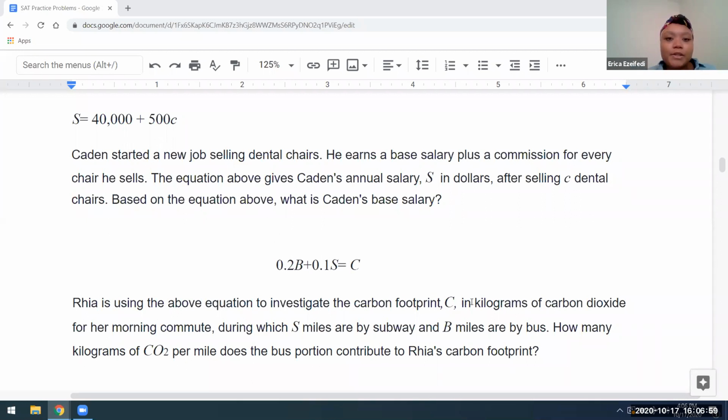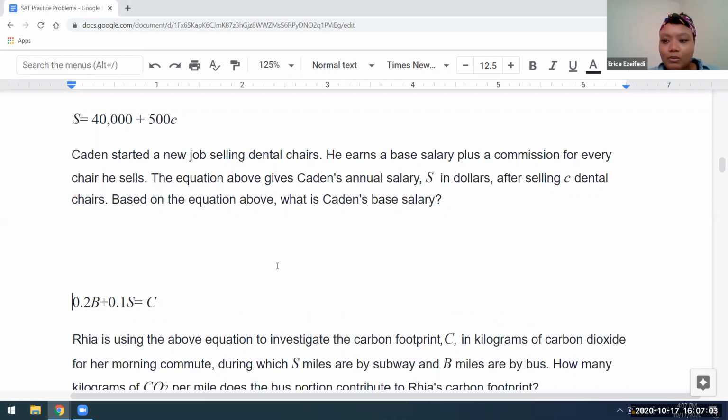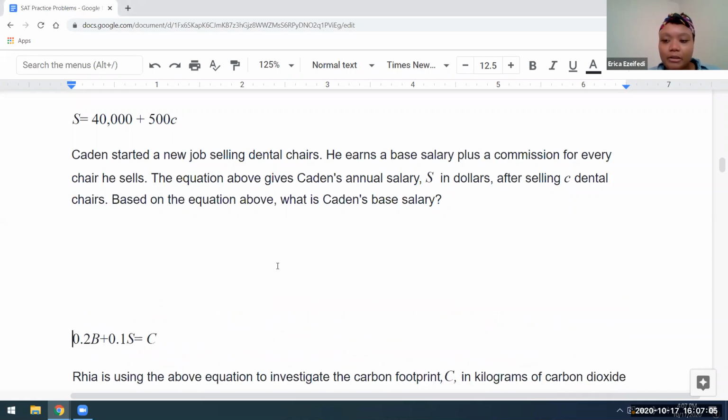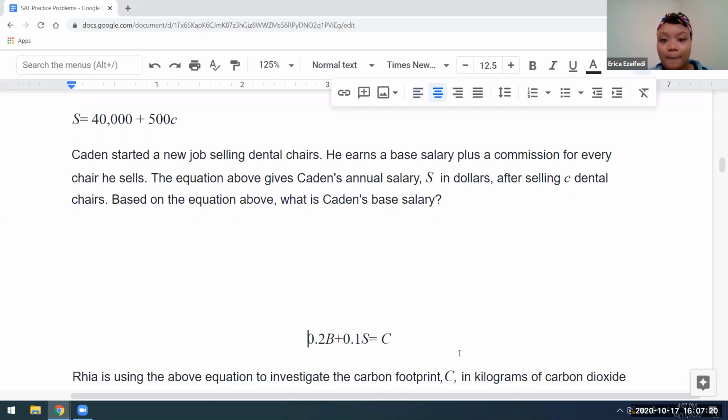Alrighty, so we'll do these two, and that should probably go to maybe 4:15 or so. And then we can cover the rest of the writing and language portion next week.